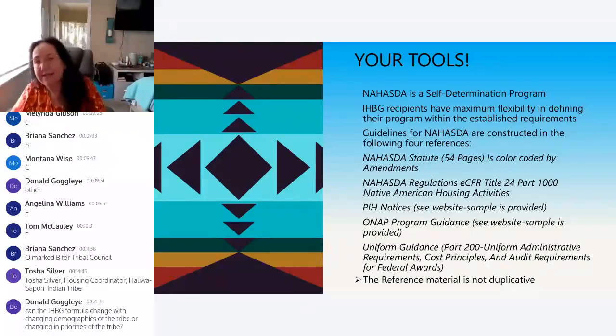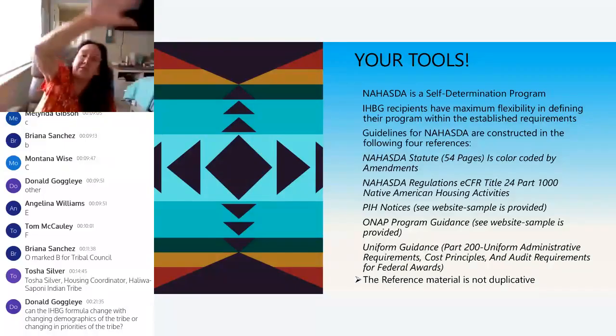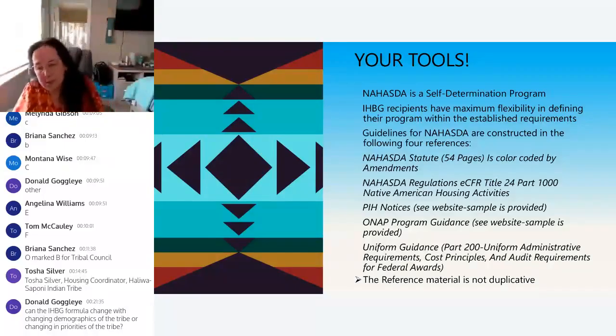And then if you can't find it in all of those different places, you go to the uniform guidance, okay? The uniform guidance, part 200, has the requirements, the cost principles, and the audit requirements for federal awards. That is the one document that your tribe will use as well as your housing entity. Their procurement, their auditing, their travel, as well as yours, will all be governed by that document, okay?